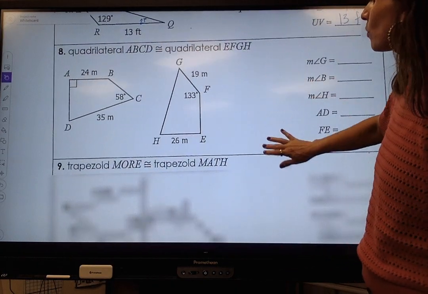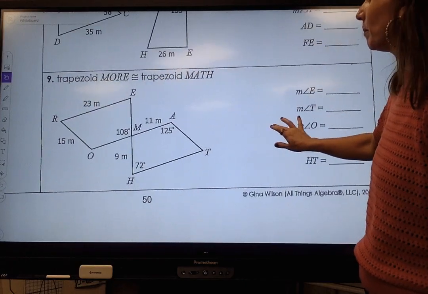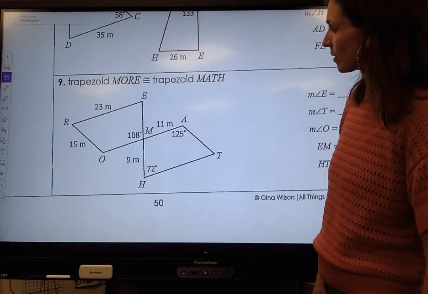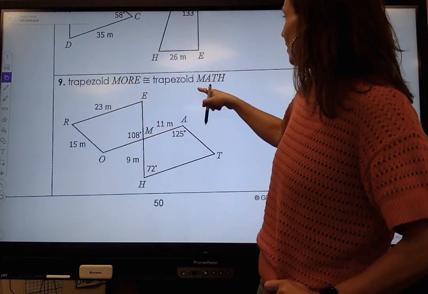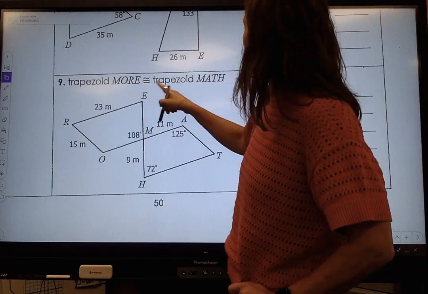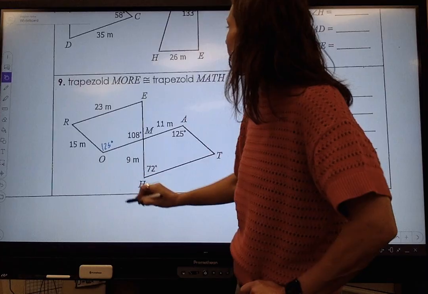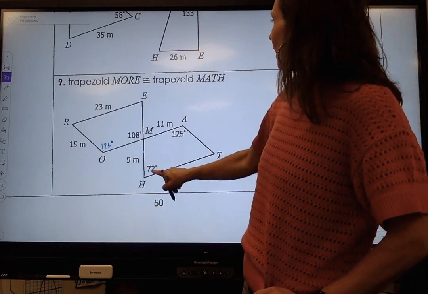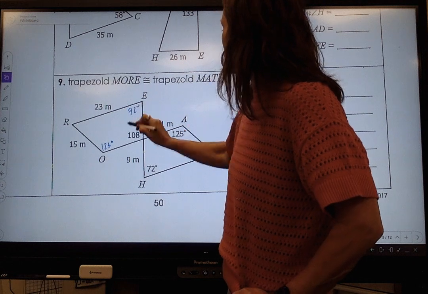Same thing with a quadrilateral and a trapezoid. Let's look at the trapezoid. That one just looks kind of fun. So I know that M is congruent to M. Angle O is congruent to A. So if A is 125, O is 125. I know that H is congruent to E, so 72 and 72.